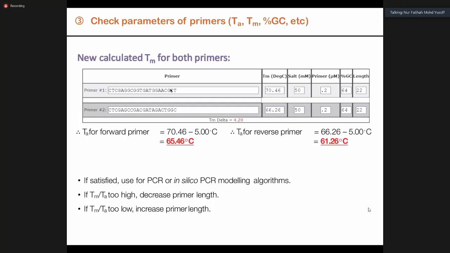Although you cut here to reduce the melting temperature, now the percentage of GC content also becomes very low, for example, less than 45%. So can you extend the primer at this upstream region?